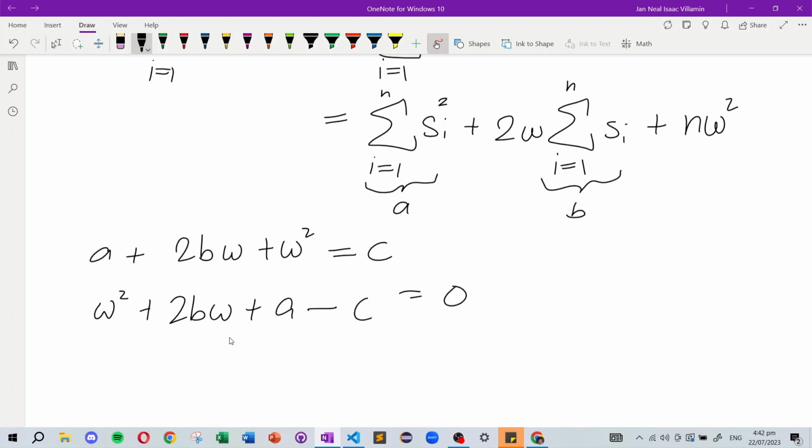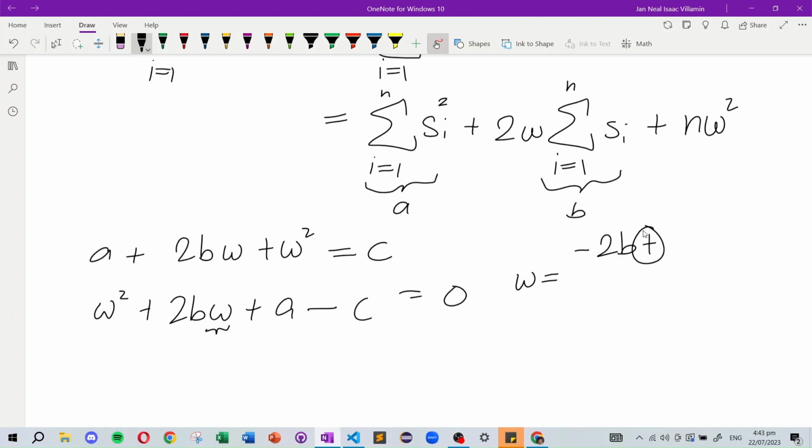And notice that W is the only variable that we have, because B can be computed, A can be computed, and C is given. So we can simply compute W. W will just be negative 2B plus the square root.